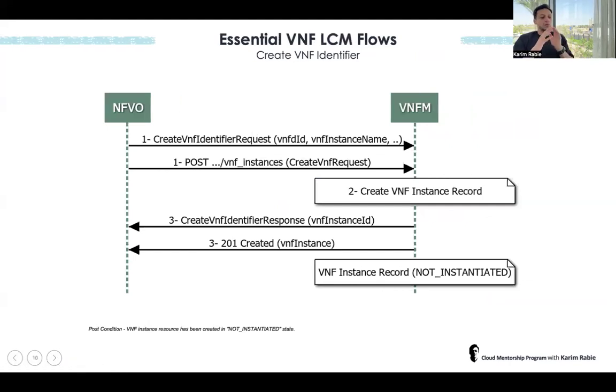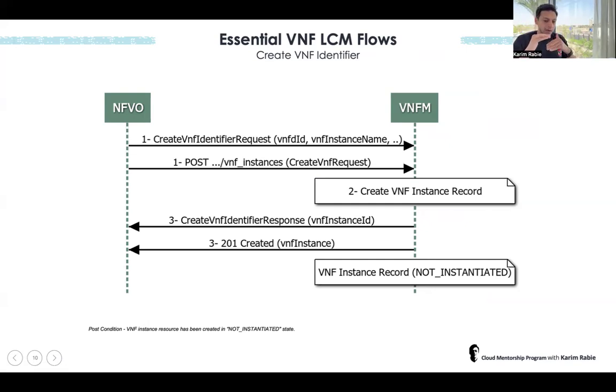Now I want you to recall the concept of the VNF package, and imagine that a VNF package is onboarded. So there is now a VNF descriptor in the VNF catalog.